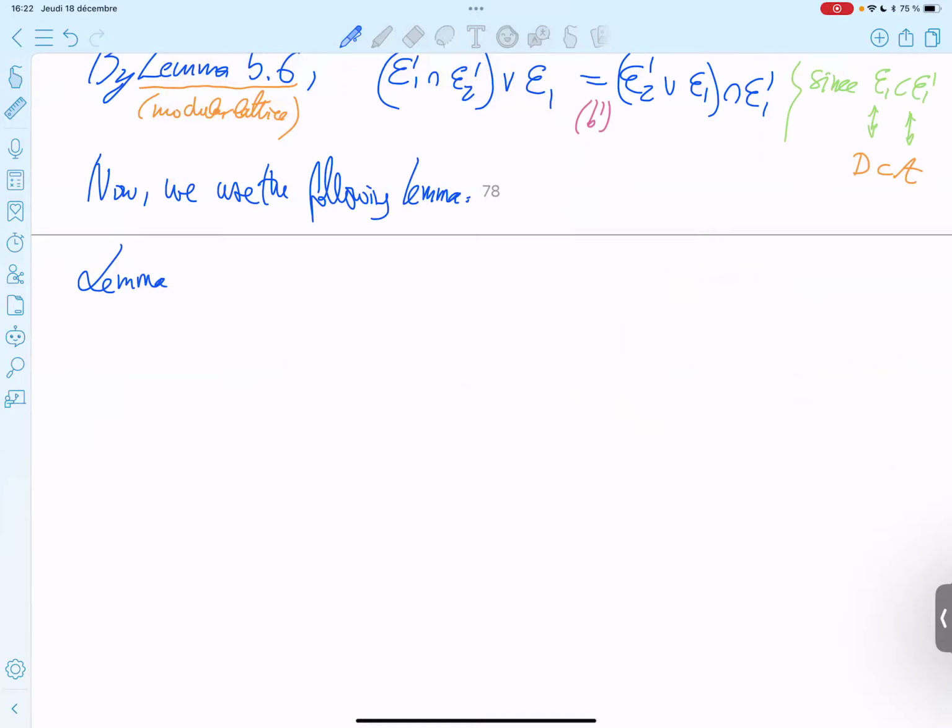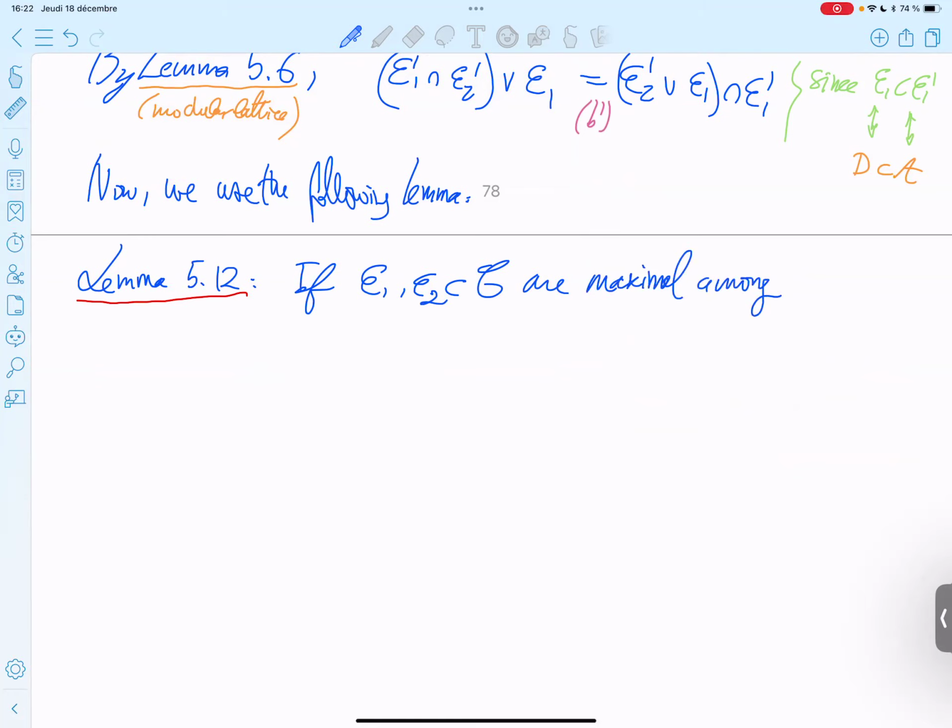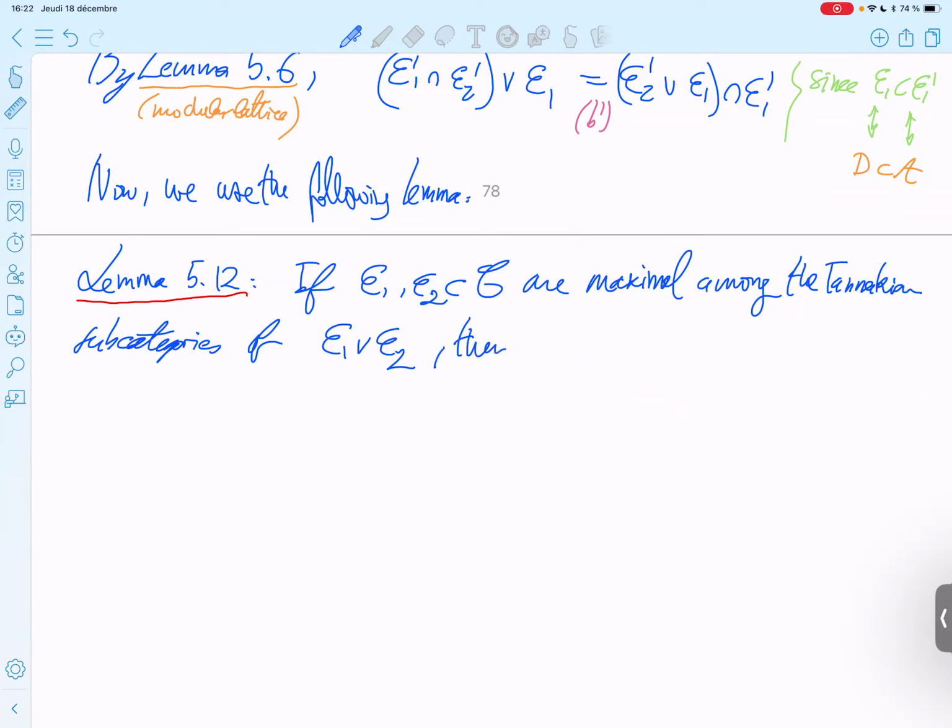So, Lemma 512: if E1, E2 included in C are maximal among finite subcategories of E1 and E2, but generated by E1 and E2, which is the assumption of the theorem 11.